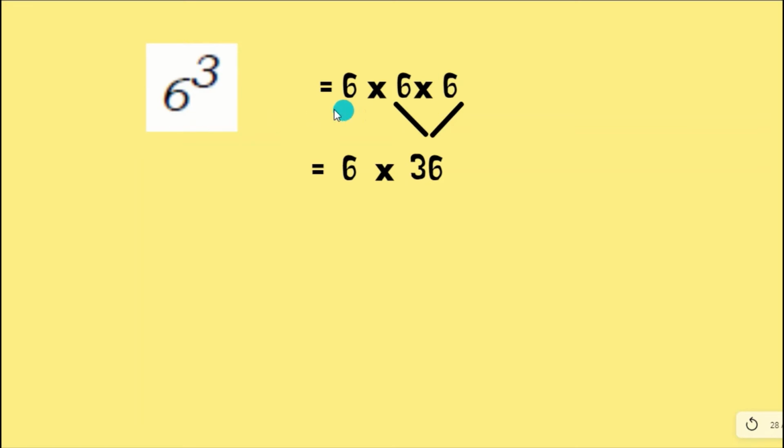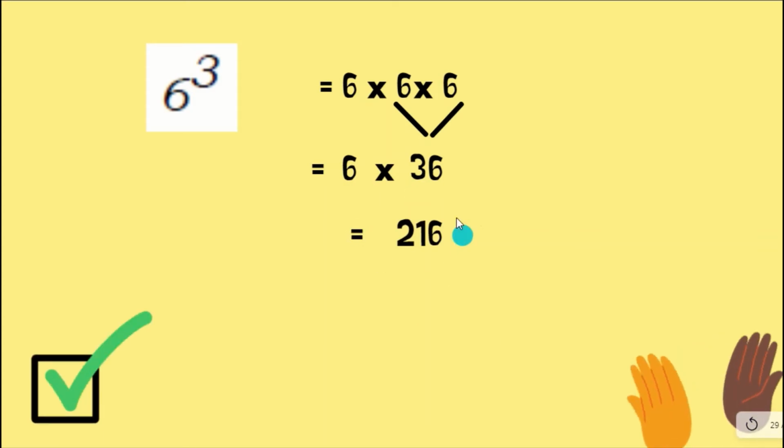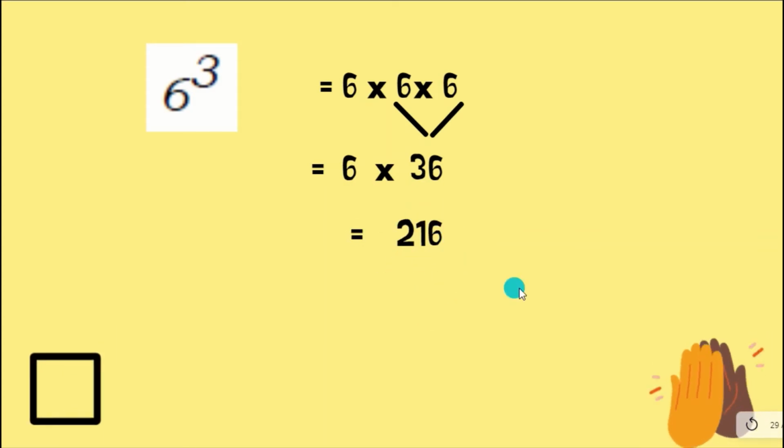First, we will be doing its expanded form. 6 must be multiplied by itself how many times? 3 times. So 1, 2, 3. 6 times 6 times 6. 6 times 6 equals 36. Bring down 6. So 6 times 36 equals 216. Very good.